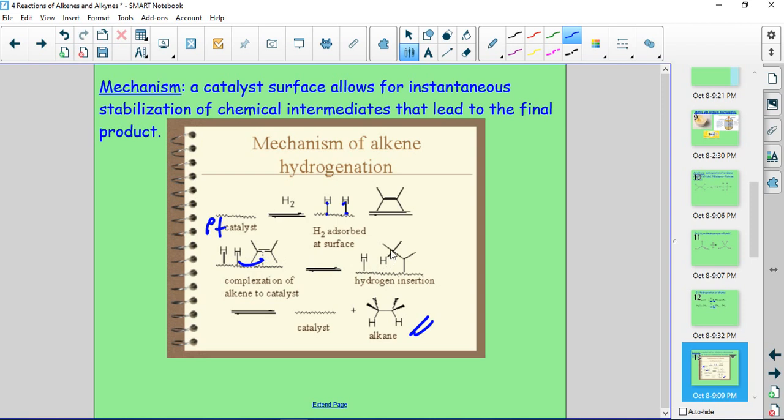So one hydrogen gets attached, slowly saturating this alkene, while another one does the same to the other carbon, and we have then a fully saturated alkane, and the catalyst just served as the surface where the stabilization of this reaction happened, right, and can therefore be reused.